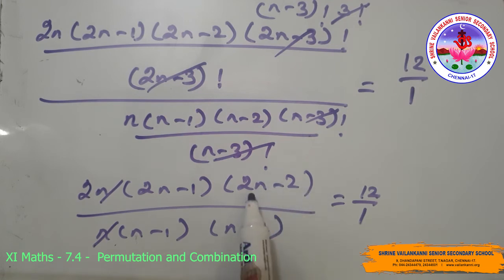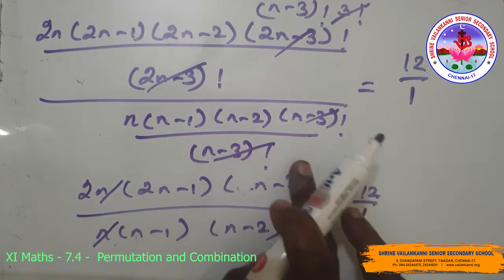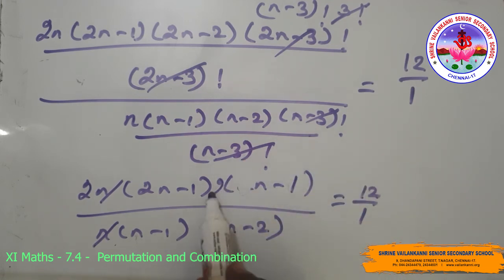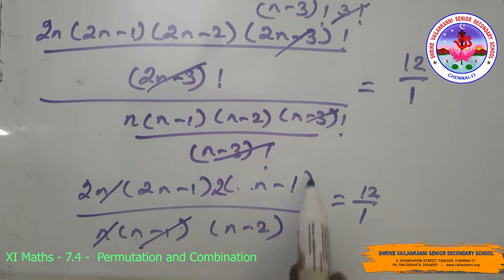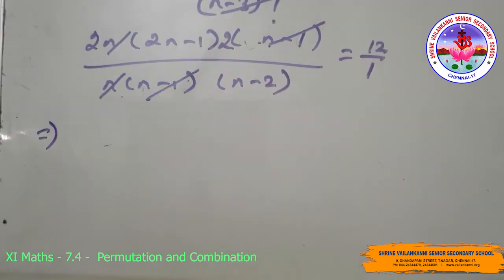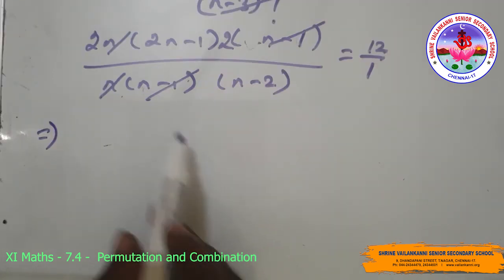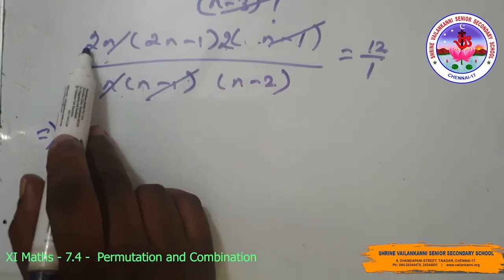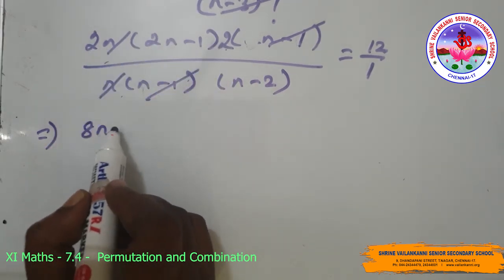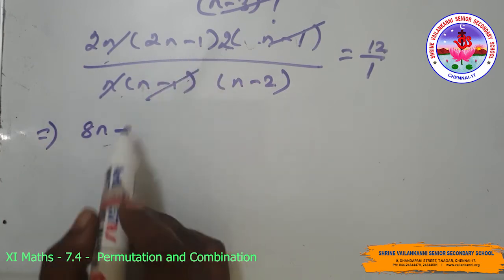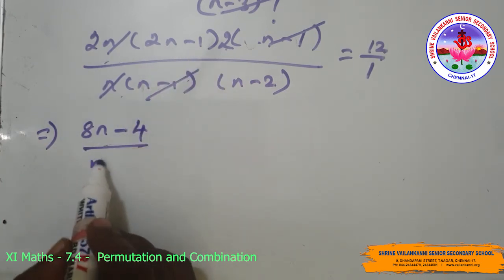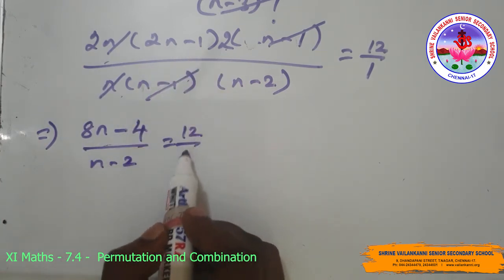From here we can take 2 common, so that this will become n minus 1 into 2. We can cancel n minus 1. So we get 2 into 2n minus 1 by n minus 2, which is equal to 12 by 1. Multiplying this, 2 into 2, 4, 4 into 2, 8n minus 4 by n minus 2 equal to 12 by 1.